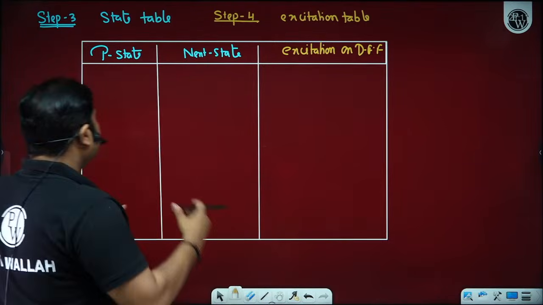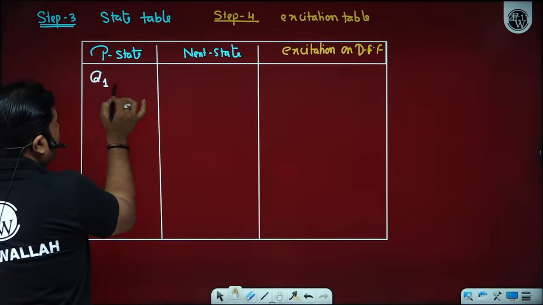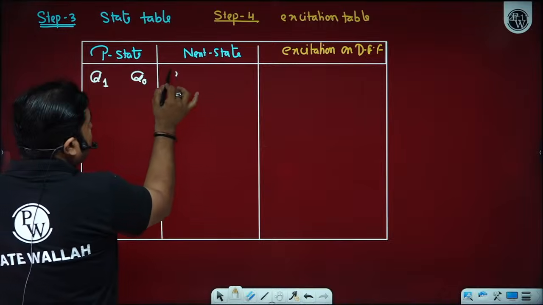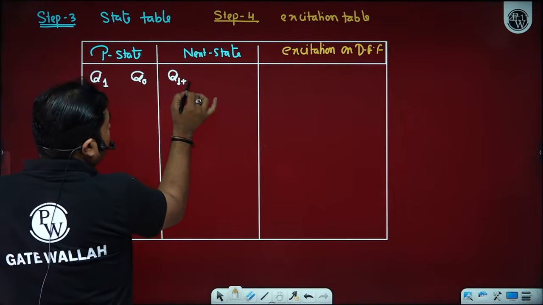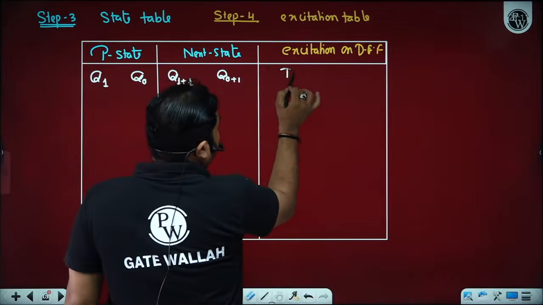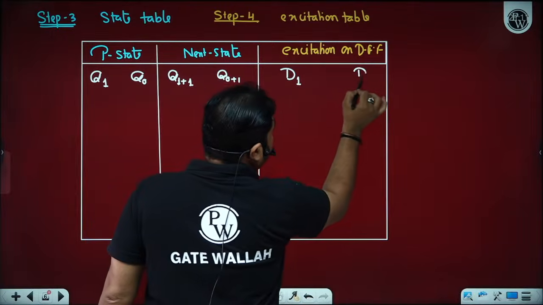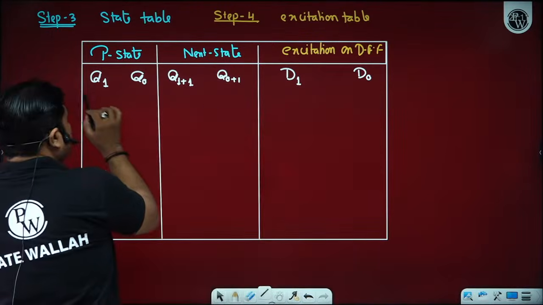So for 2 bits I am just using the notation Q1 and Q0, and the next state will become Q1 plus 1 and Q0 plus 1. Excitation needed on D1 and D0.